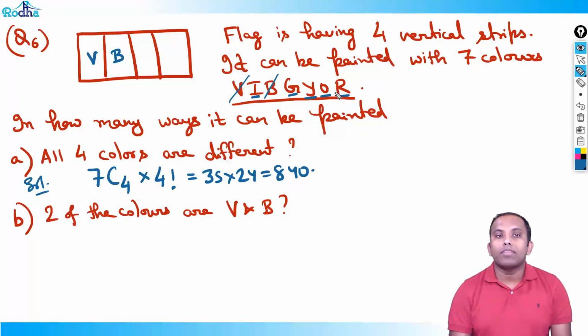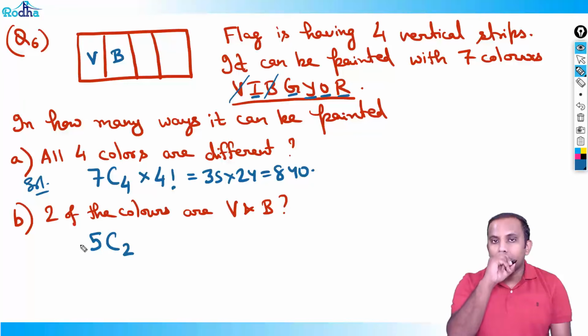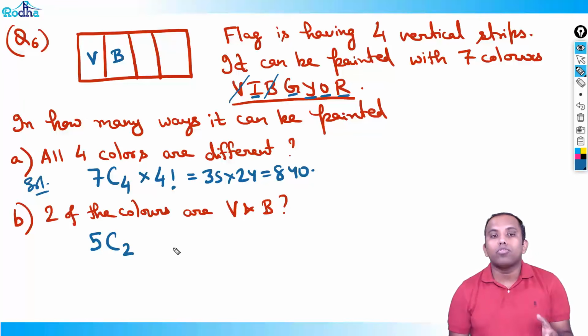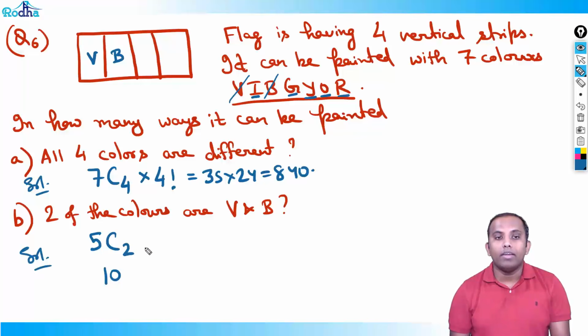So out of these 5 colors I can pick any two in 5C2 ways. That means I can make groups of 2 colors in 5C2 ways. What is 5C2? 5C2 is nothing but 10 ways. Now suppose those two colors are, for example, yellow and red.